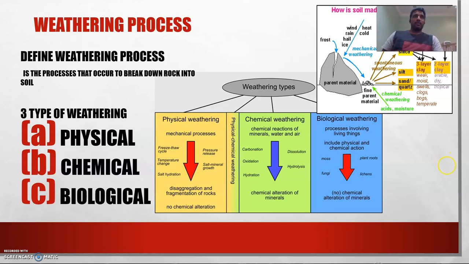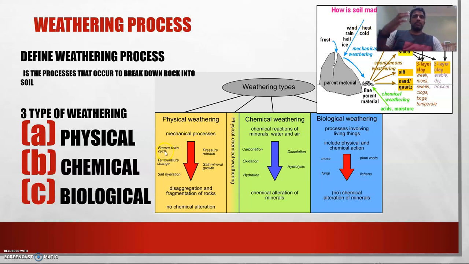How is weathering made? You can see on the left hand corner here, the rocks break down into small pieces. It involves heat and cold. You recall what we looked at in the last slide, where we talked about climate, right? So heat and cold.